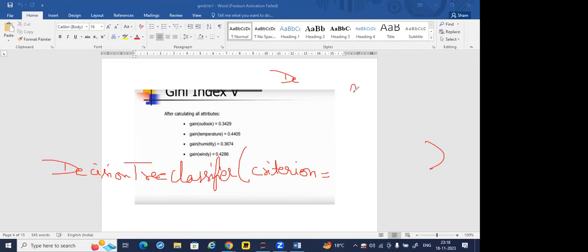The criterion could be either Gini or entropy. You can keep any.